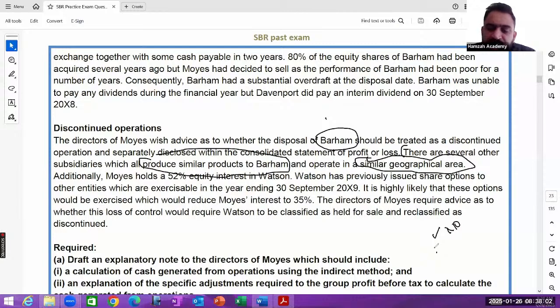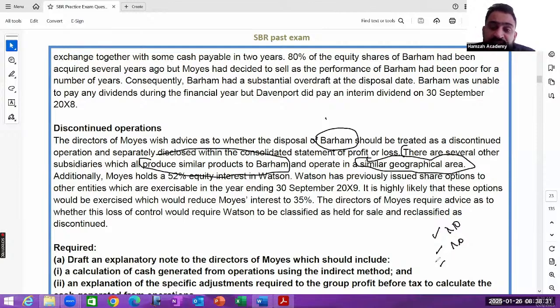Number two, whether M started a search program to find a buyer at a reasonable fair value? The answer is no. They didn't market the asset, they didn't start a program to locate the buyer, because they are not actually selling Watson company.